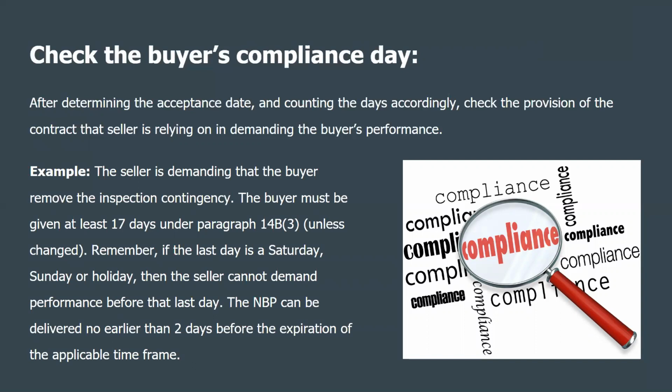The buyer must be given at least 17 days on paragraph 14b3, unless, of course, that was changed either in the original offer or in the counteroffer. Remember, if the last day is a Saturday, Sunday, or holiday, then the seller cannot demand performance before that day. The notice to buyer to perform can be delivered no earlier than 2 days before the expiration of the applicable time frame.